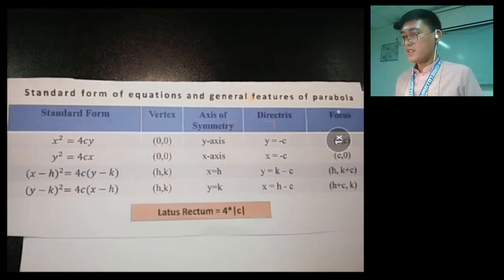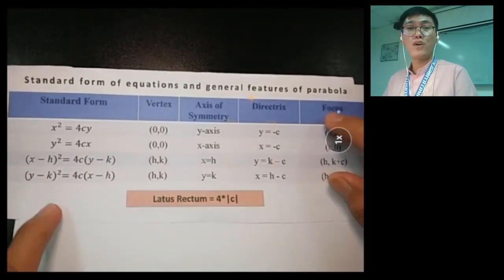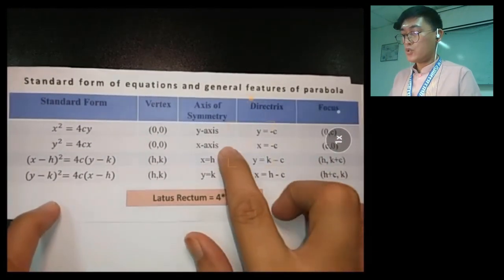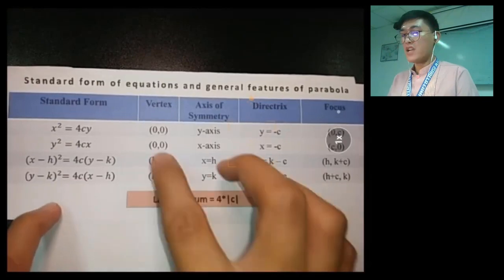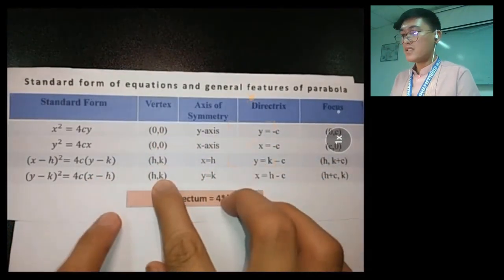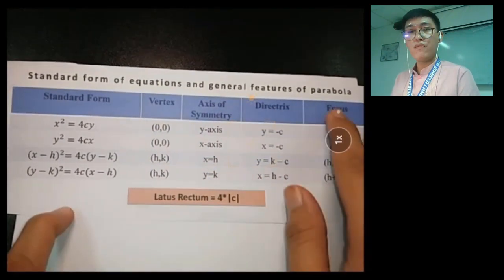So let us continue, but before we continue, we will be reviewing first the standard form of equations and general features of a parabola. We have here the standard form, the vertex, the axis of symmetry, the directrix, and the focus.